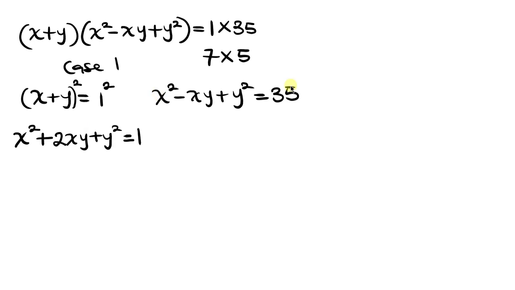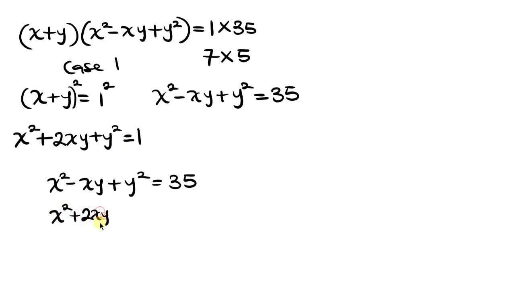So this first equation is x squared minus xy plus y squared equal to 35. And this is x squared plus 2xy plus y squared equal to 1.